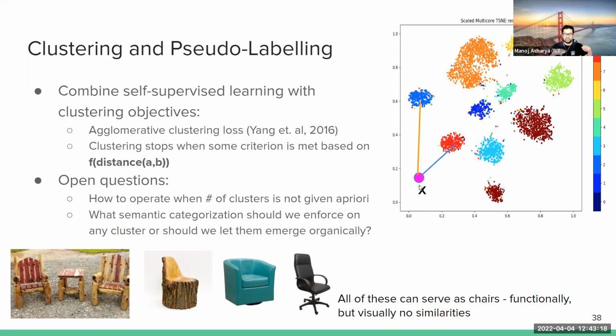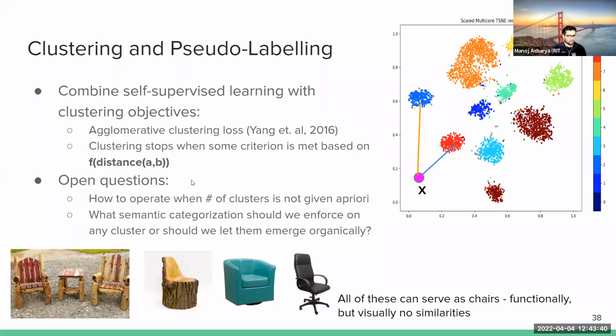So what are the good ways to do it? One simple approach proposed by Yang et al. is to use this agglomerative clustering loss, where based on a function of distance between these two clusters, you assign the sample into one of these clusters, right?